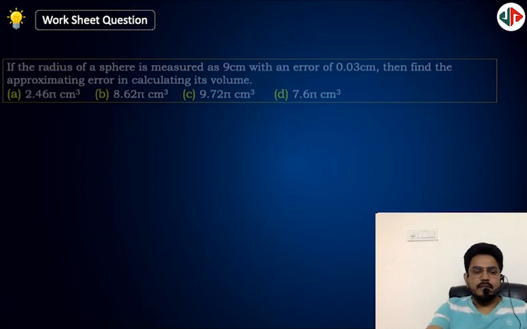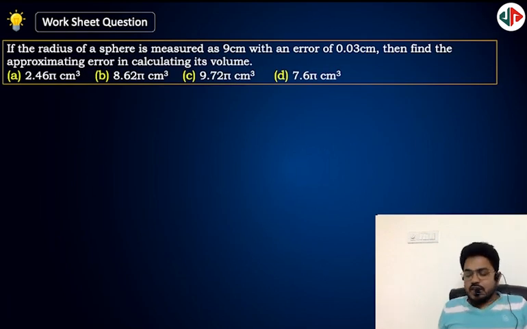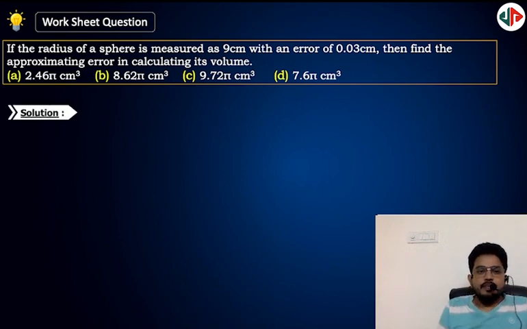Next question. So the next question is, if the radius of the sphere is measured as 9 centimeters, error is this one, approximate error in the volume. So radius r is equal to 9, delta r is equal to 0.03, approximate error in calculating the volume.